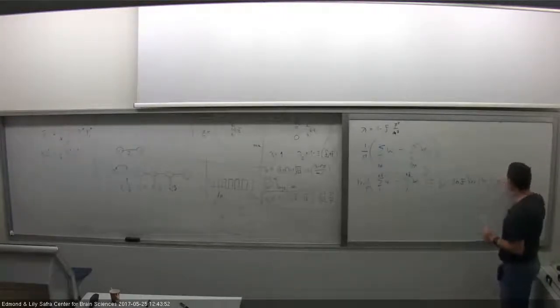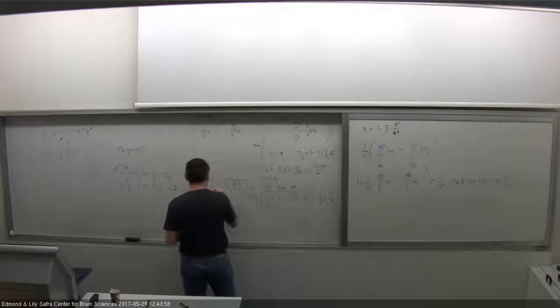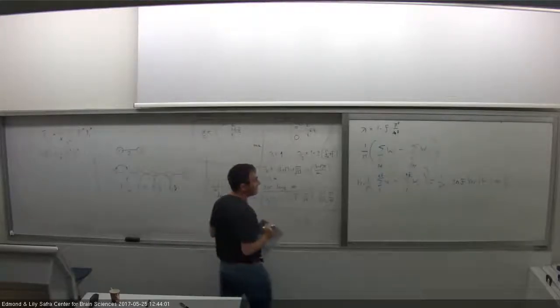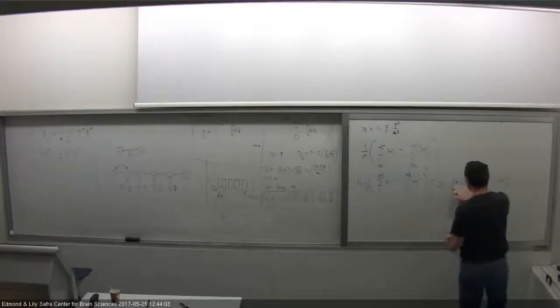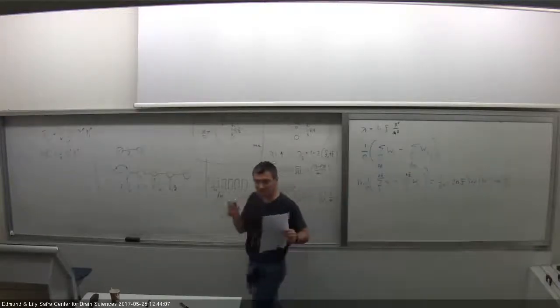So this would be just proportional to f over n, if we normalize the synapses to be between 0 and 1. So we'll have the 2 term, and we'll have the variance of a uniform distribution, but these would be order 1 terms.